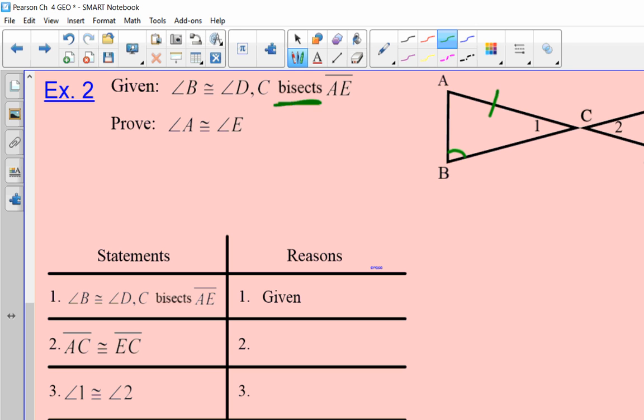Well, it got bisected, so it's just the definition of a bisector. C was the bisector, okay? If something bisects it, I can say that the pieces are equal to each other. So this is another one that shows up a lot for us, and we can use it pretty easily in a theorem or in a proof, okay?